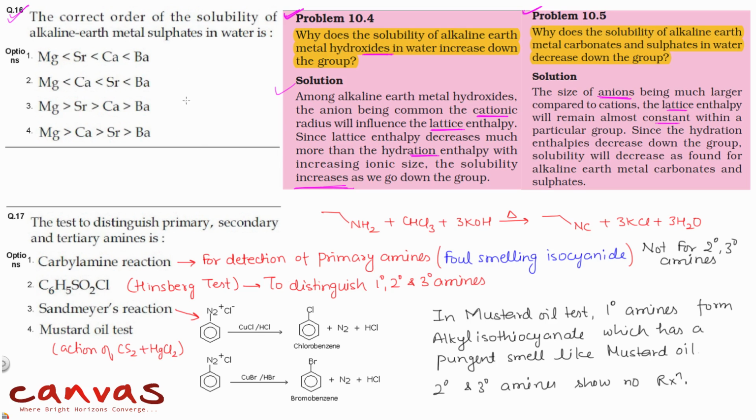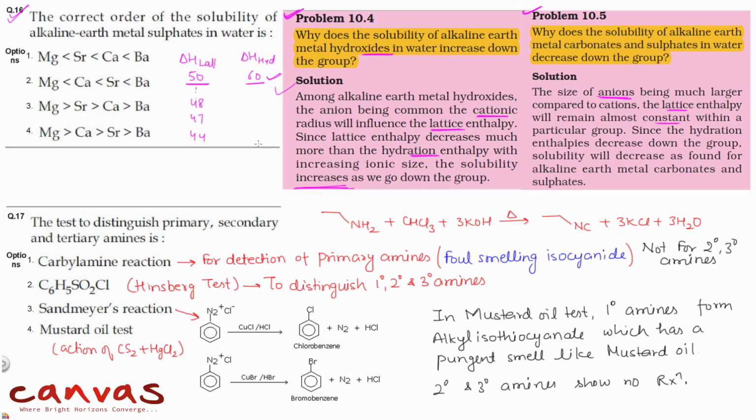In sulfates, as you move down, suppose delta H lattice is 50 and delta H hydration when you started was 60. Now this will decrease very slowly, like 48, 47, 44. This is the energy required to break the crystal, and this is the energy that you have. On the top you have more energy and less requirement, so it dissolves.